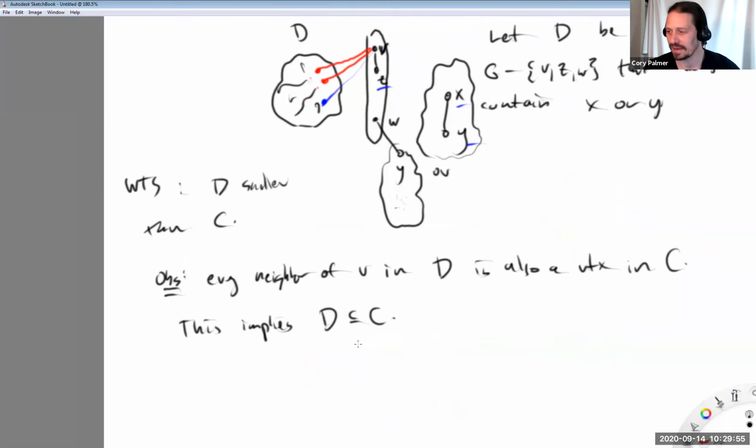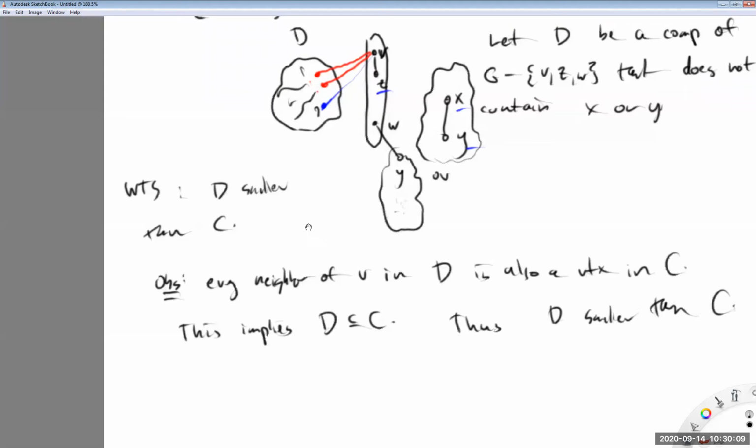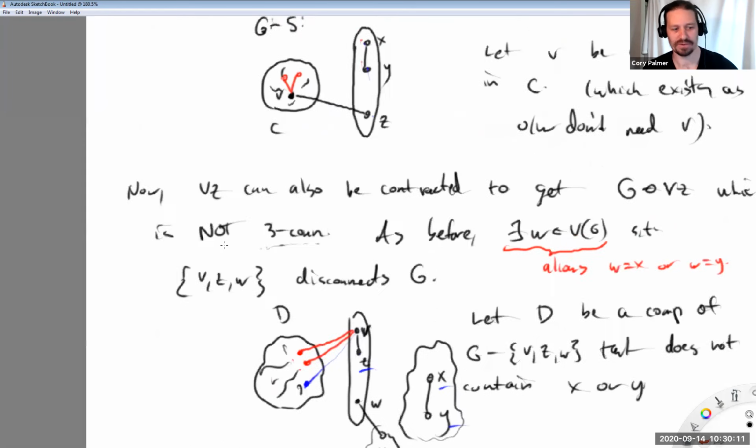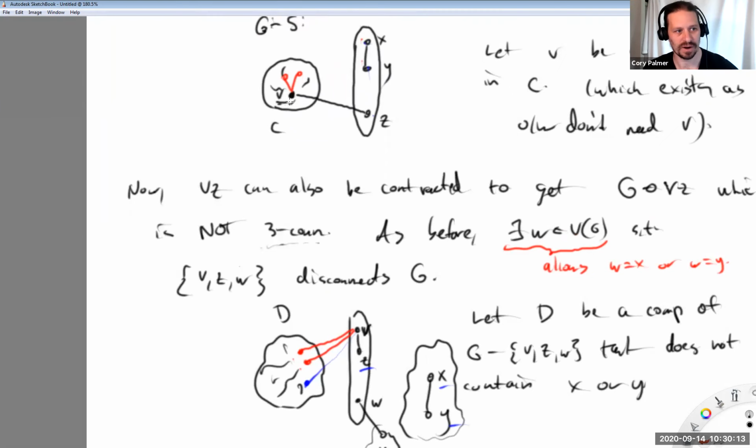That means it's a likely candidate for being smaller. Why do I actually know it's smaller? So thus, I'm going to write D smaller than C. But why is that? What's the key? V is an element of C that we know is not an element of D. Yeah, exactly. We definitely lost one element, V, right? V was in C, but it's not in D, because I moved it over to the cut here. So it lost that one vertex, and it didn't gain anything, right?